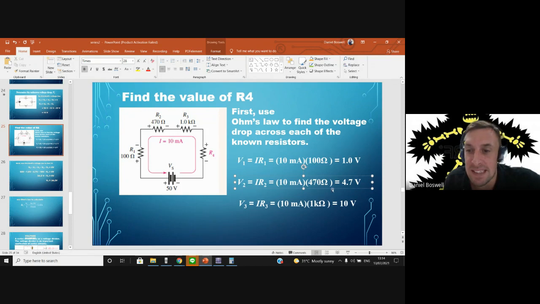Resistance is 470. 10 multiplied by 470 is 4.7. And then V3. So we go current times resistance, 10 milliamp, again by 1 kilo ohm, works out as 10 volts.